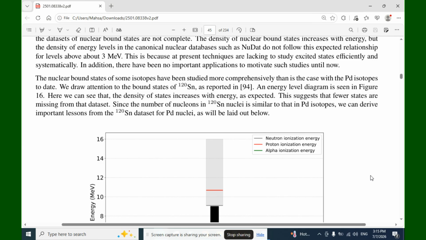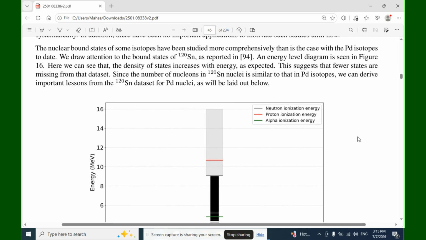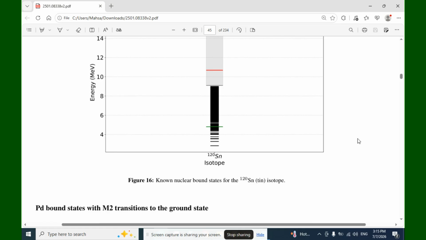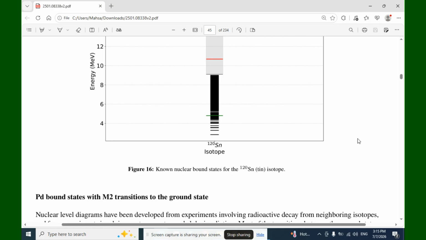This suggests that fewer states are missing from the dataset, since the number of nucleons in Sn-120 nuclei is similar to that in palladium isotopes. We can derive important lessons from the Sn-120 database for palladium nuclear datasets, as will be laid out below. Figure 16 illustrates known nuclear bound states for the Sn-120 isotope.